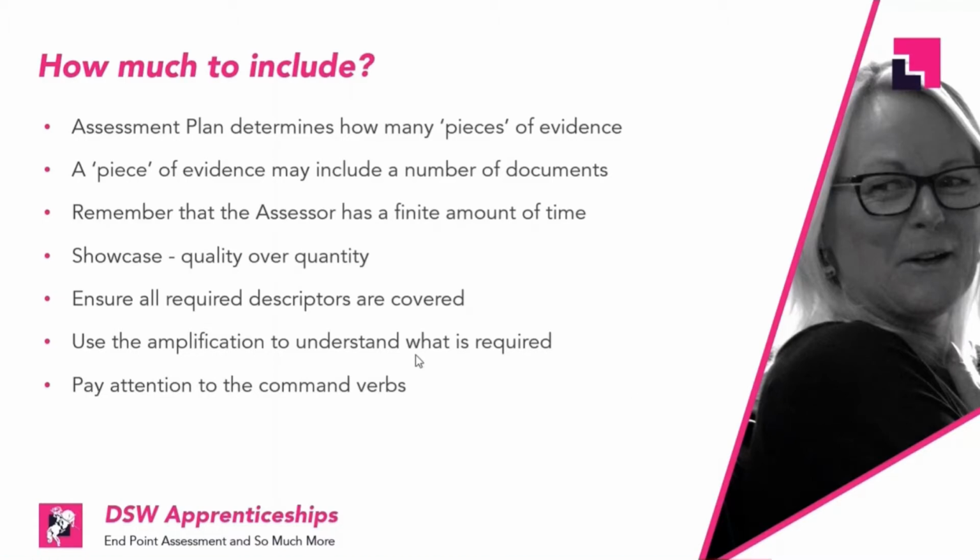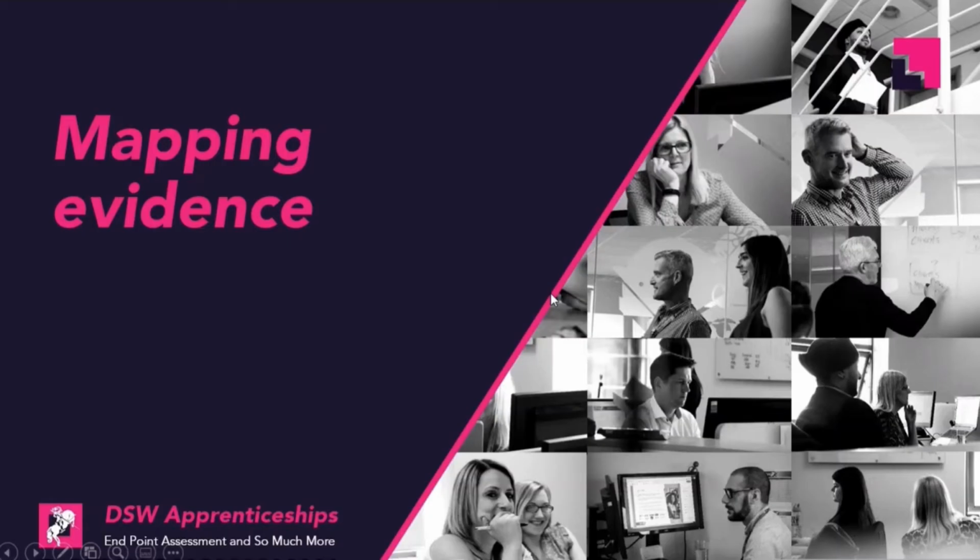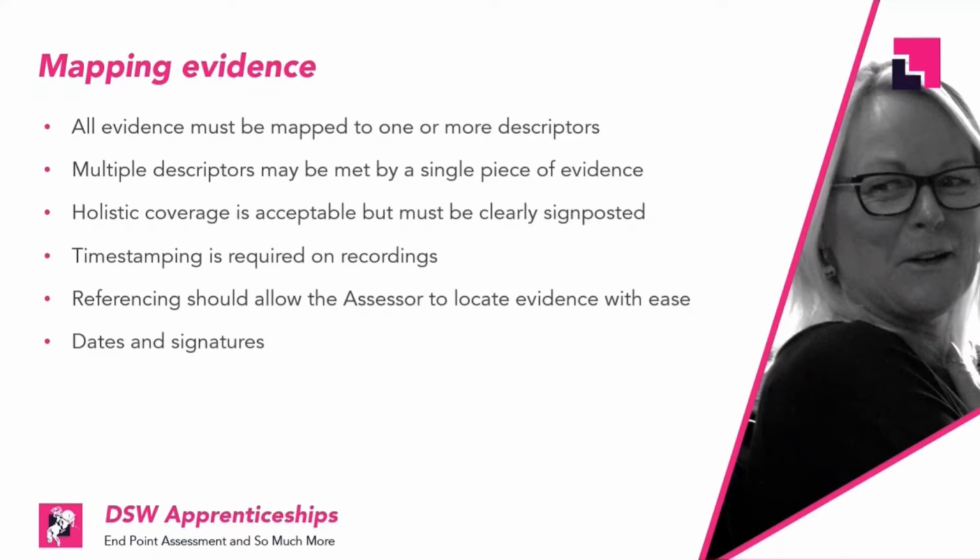Okay, so we're now going to move on and look at mapping of the evidence. All of the evidence must be mapped to one or more of the descriptors. However, holistic coverage of the descriptors is allowed. By that, I mean that a single piece of evidence can be used to meet multiple descriptors.